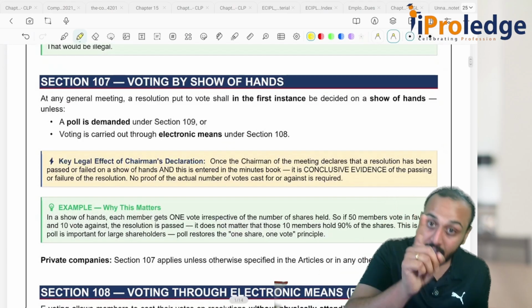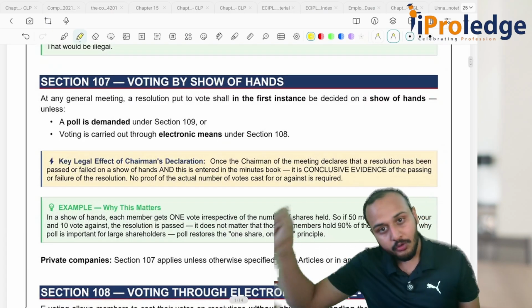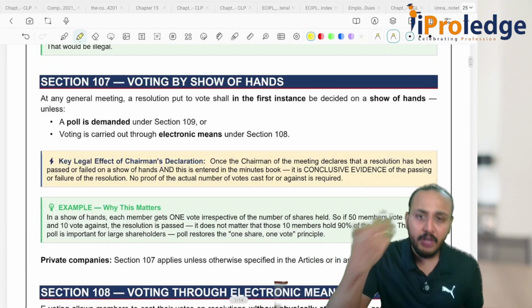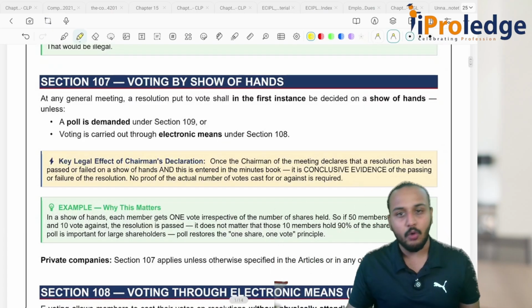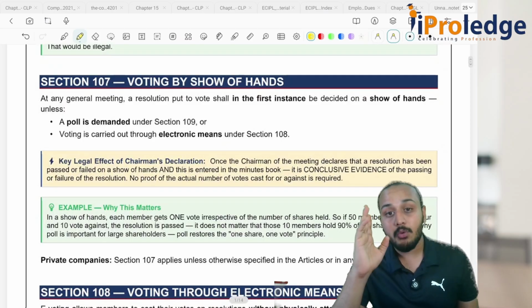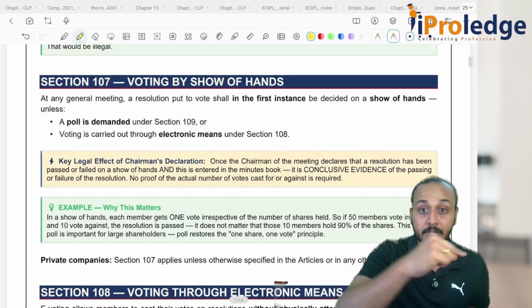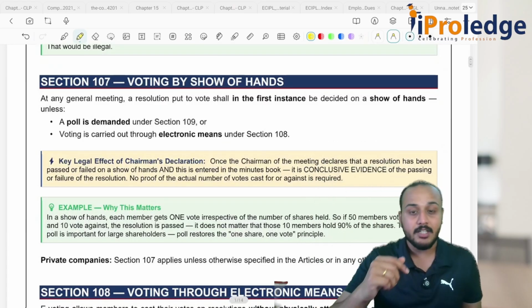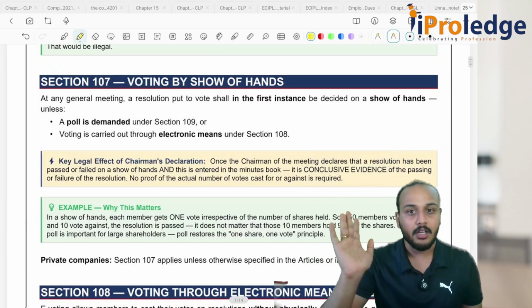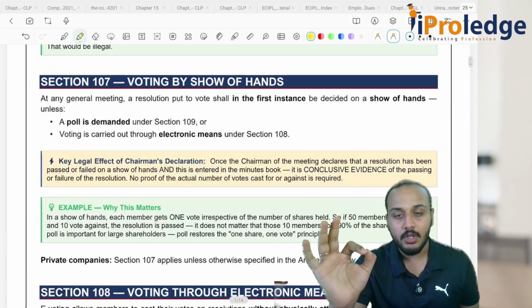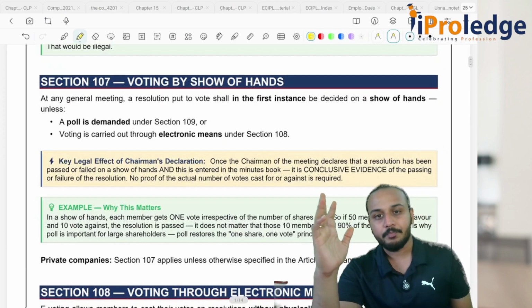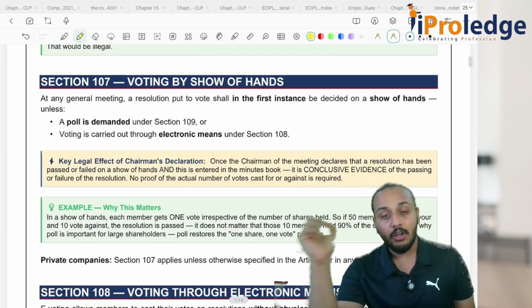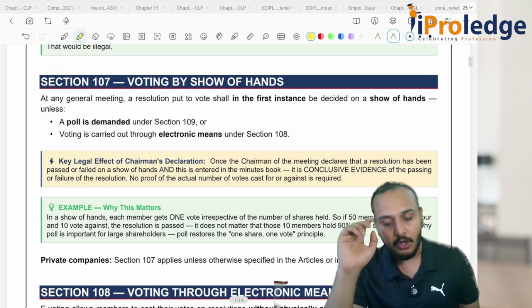That is the reason shareholders have also been given an option to go for a poll, whereby I am free to cast a vote however I want. I don't have to worry about whether that person, that director or this auditor is watching. I can cast my vote as I want. That is why you have poll, postal ballot, and electronic voting.